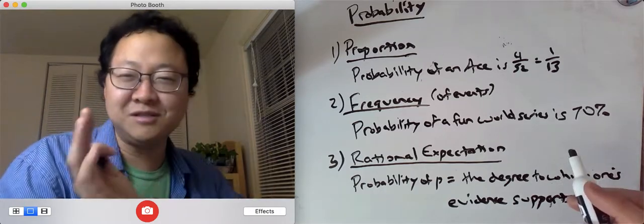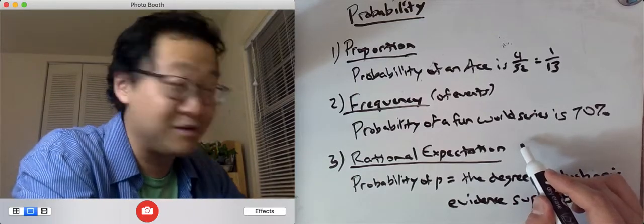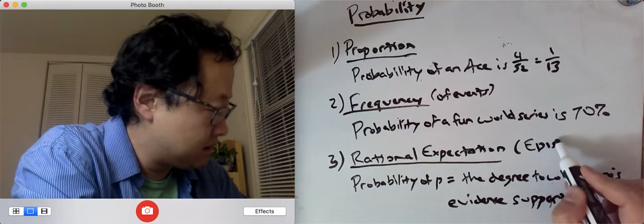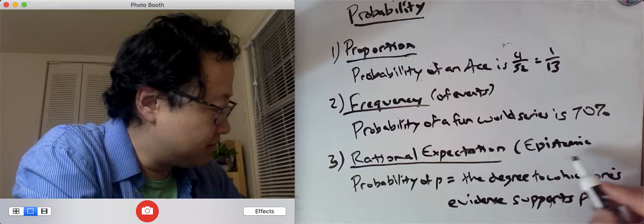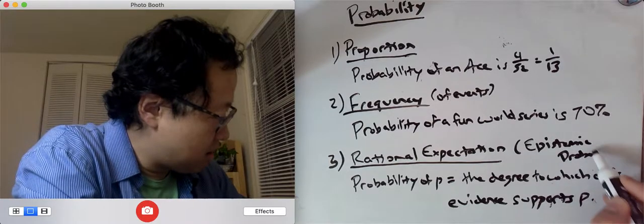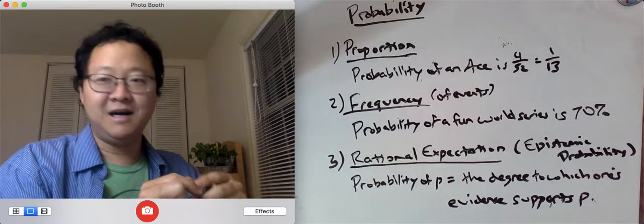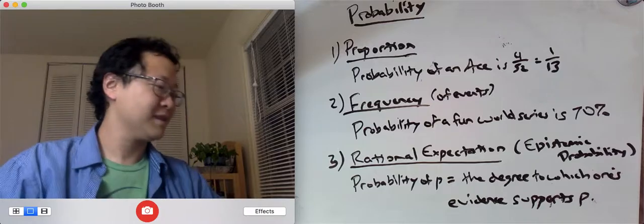This is more for those of you who might be a philosophy major. This is sometimes called epistemic probability. But in this class, the book calls it rational expectation, so that's what I'll call it.